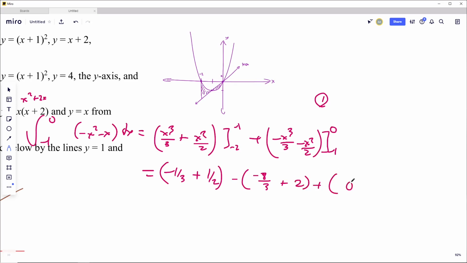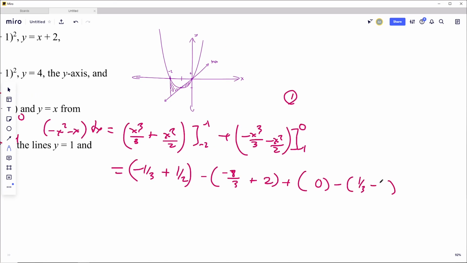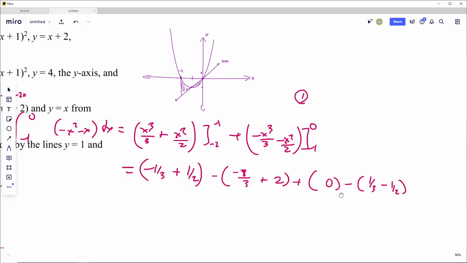Plus zeros make zeros, and minus -1 becomes 1, so 1 over 3. Minus stays. Minus here goes, but there's a minus here already, so 1 over 2. This is nothing but 1 over 6. Minus half, the half is bigger, so it's minus half. The minus with the minus makes a plus, so all of this evaluates to 1 over 6.